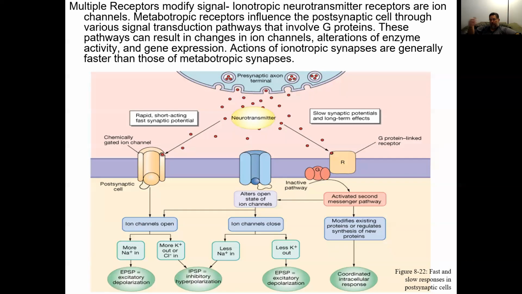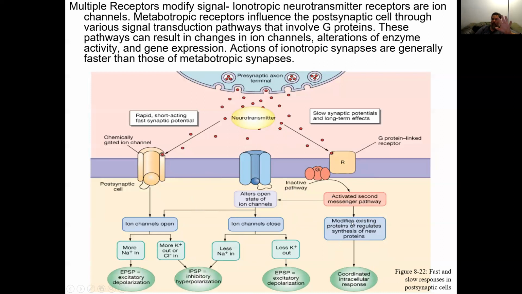So just make sure you get that. If sodium's coming in, it's excitatory. If sodium can't come in, it's inhibitory. If potassium can leave, it's inhibitory. If potassium stays in, it's excitatory. And all these different neurotransmitters can influence that, as well as this secondary messenger pathway can influence these channels.